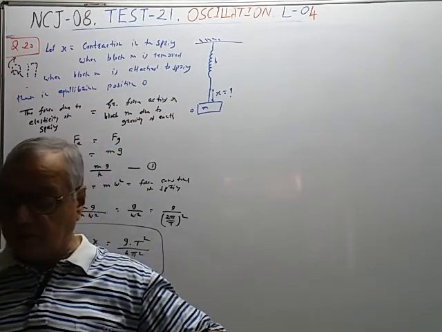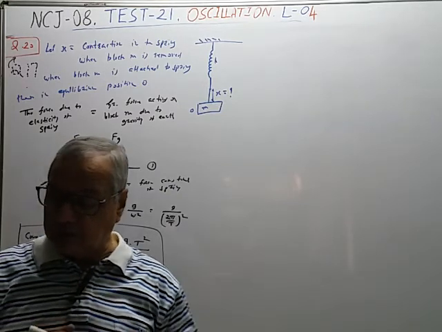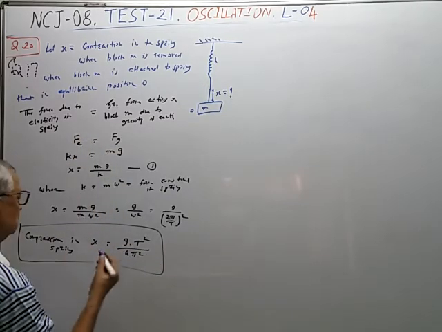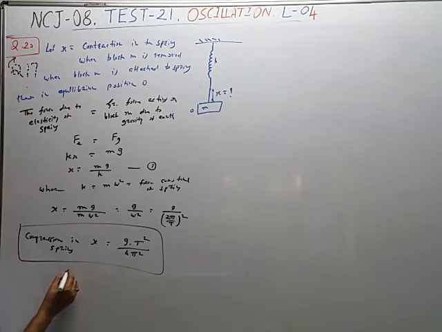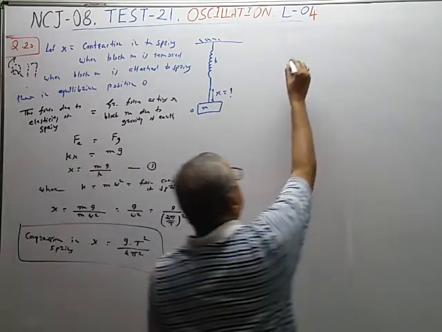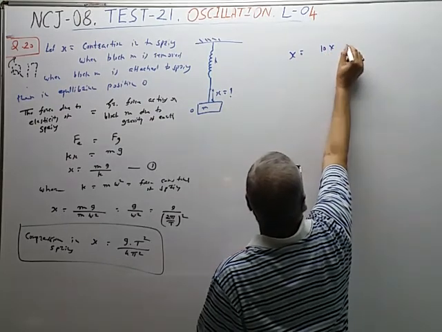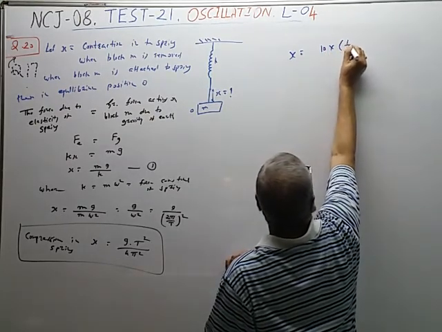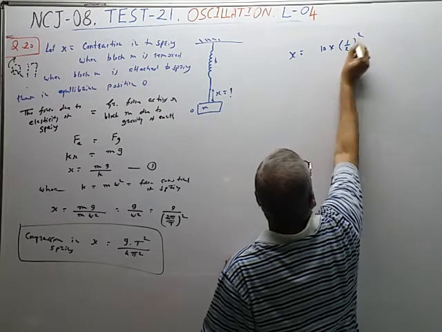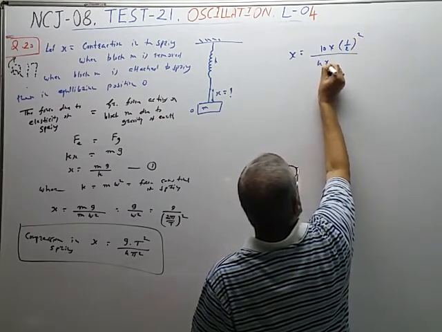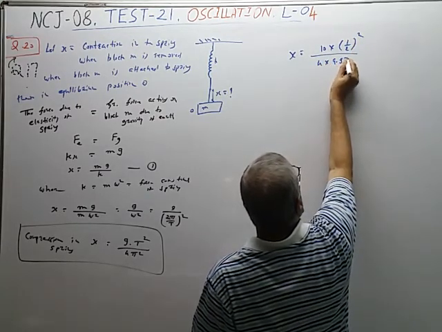And now we are going to substitute the value. So x is equal to g is equal to 10, t is equal to 1/2 second upon 4 multiplied by 9.87.